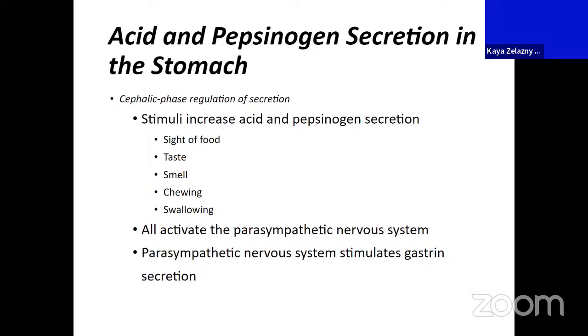So we're activating our parasympathetics. The parasympathetics, we've got like a domino effect. They activate our hormone gastrin, right? And in total, we want to increase how much acid and pepsinogen we have, because before, if you've got an empty stomach, what are the acid and pepsinogen going to do?